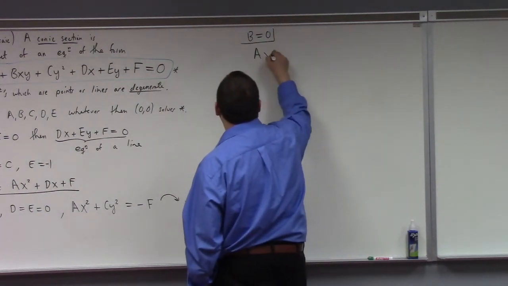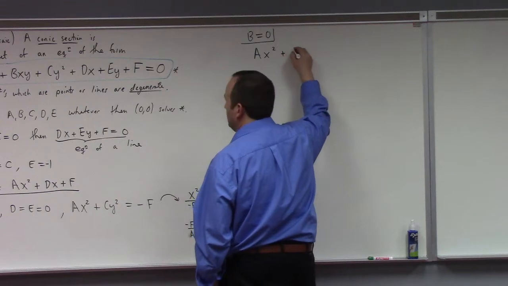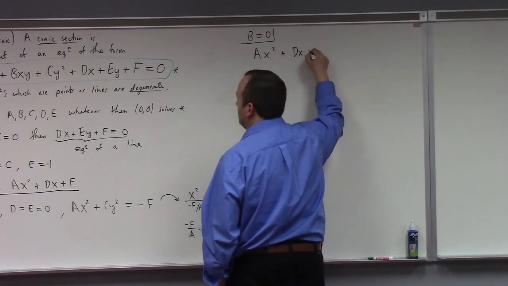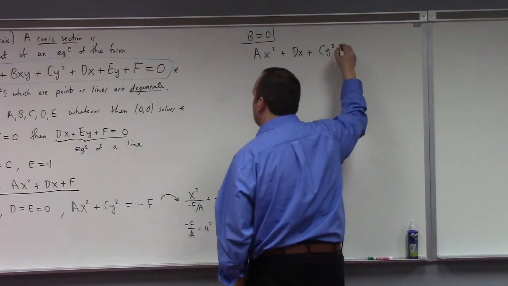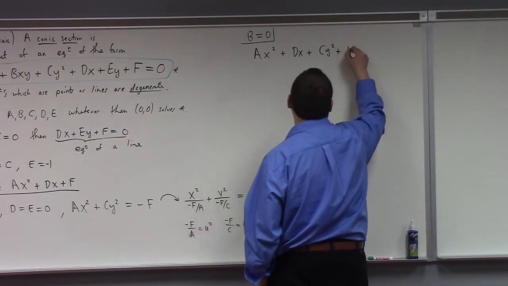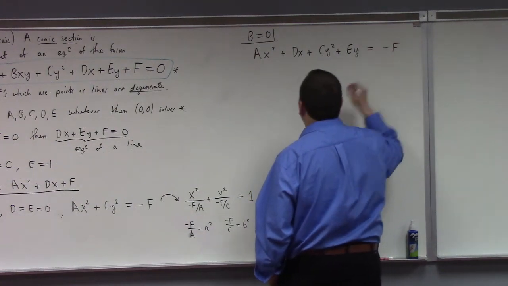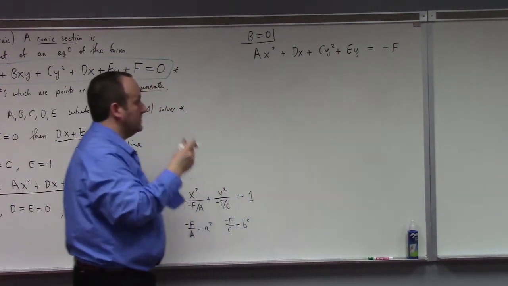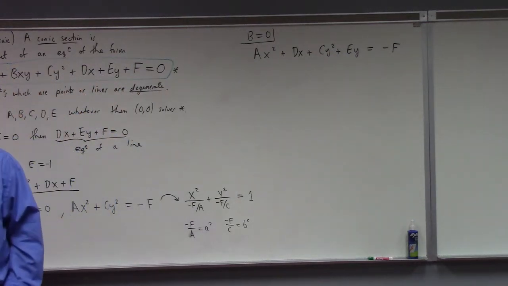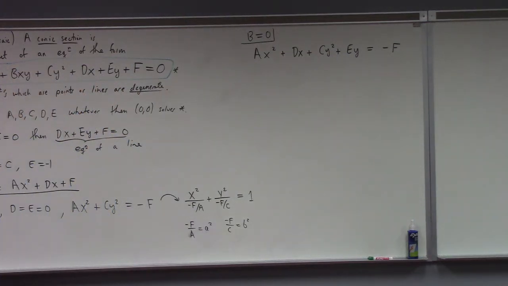Then we're facing ax squared plus dx plus cy squared plus ey equals, say, minus f. Right? So what can I do on this thing? I'm trying to show you that we can rewrite the equation as an ellipse or hyperbola.